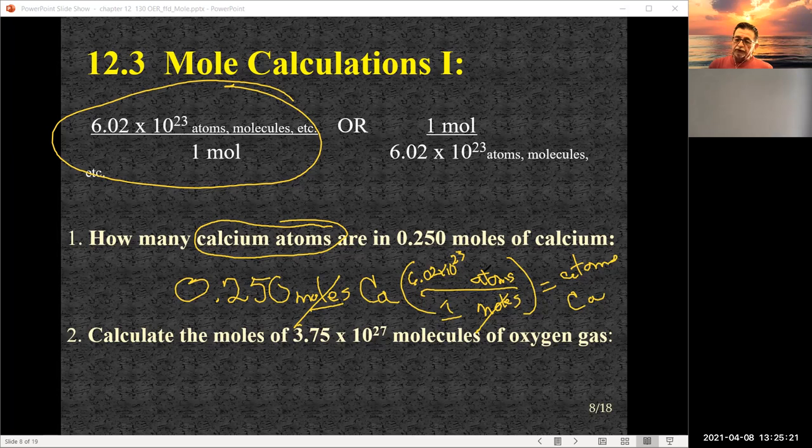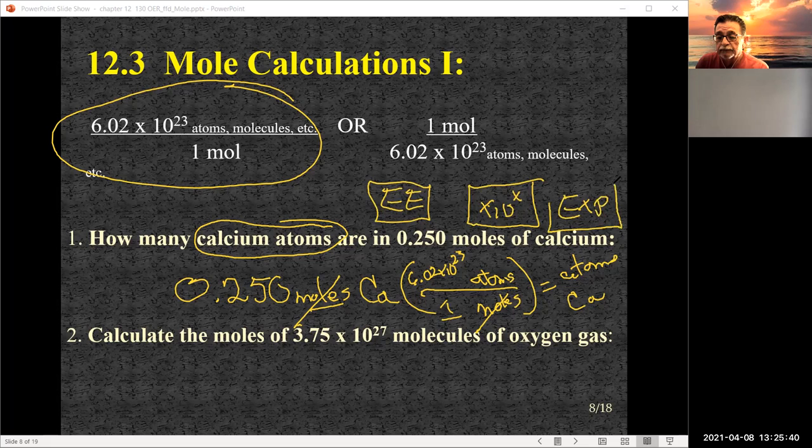Type in 6.02. Remember, it depends, you have a button that looks like this, okay? Or a button that has a double EE, looks like that, or a button that has an EXP. Okay, one of those three buttons.